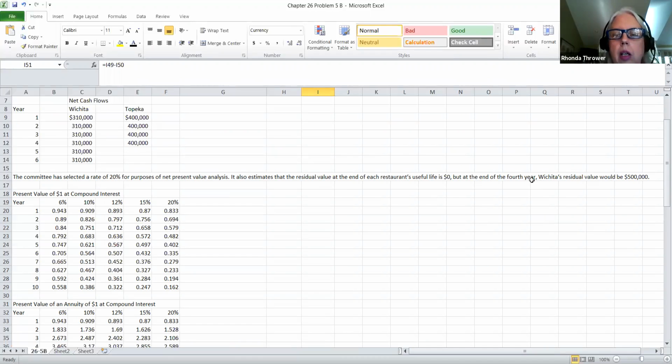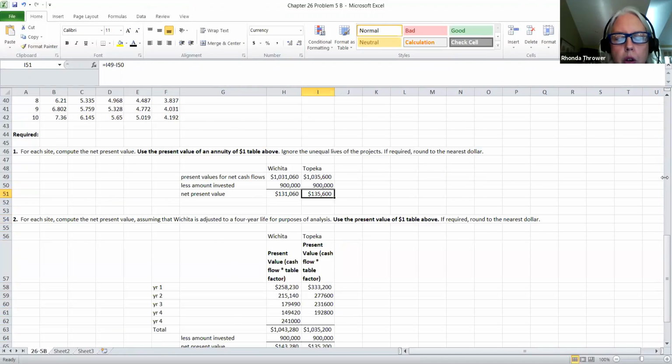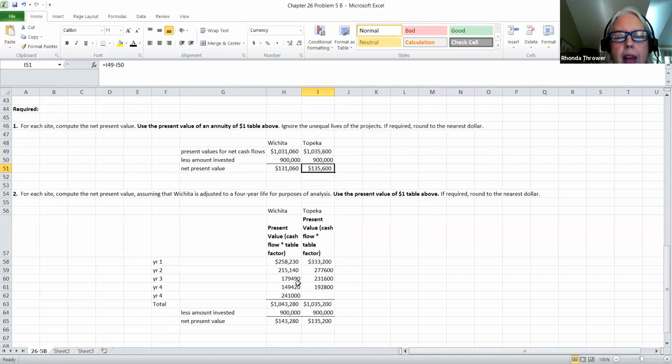At the end of the 4th year, Wichita's residual value is going to be 500,000. So there's an extra cash flow that we're going to consider for Wichita, in this case, at the end of year 4.